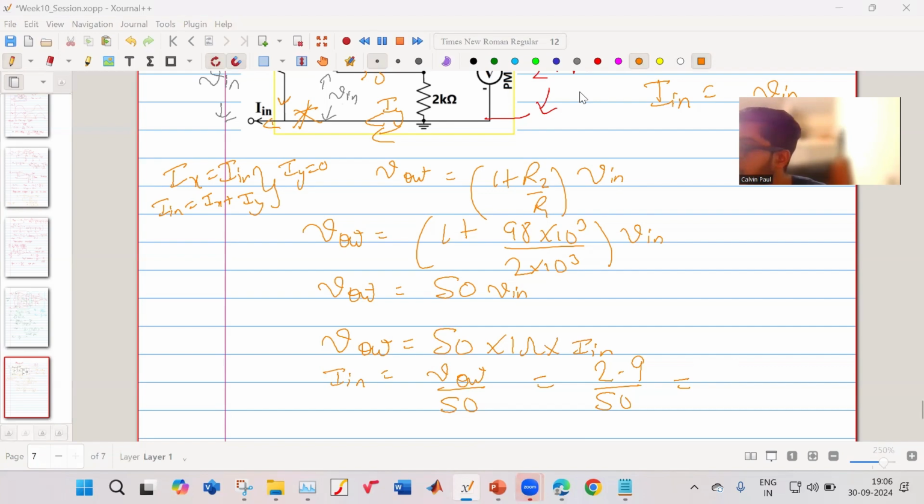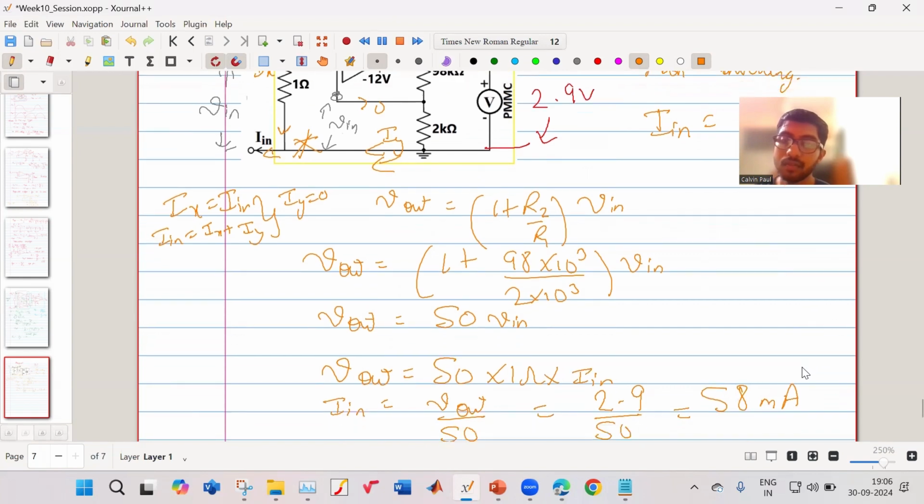It is 58 milliampere. If you do the calculation, you will get this answer.